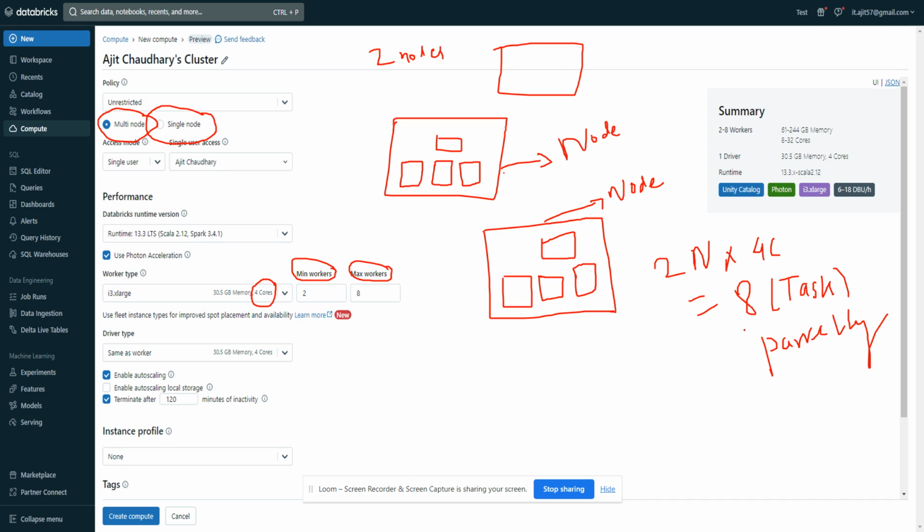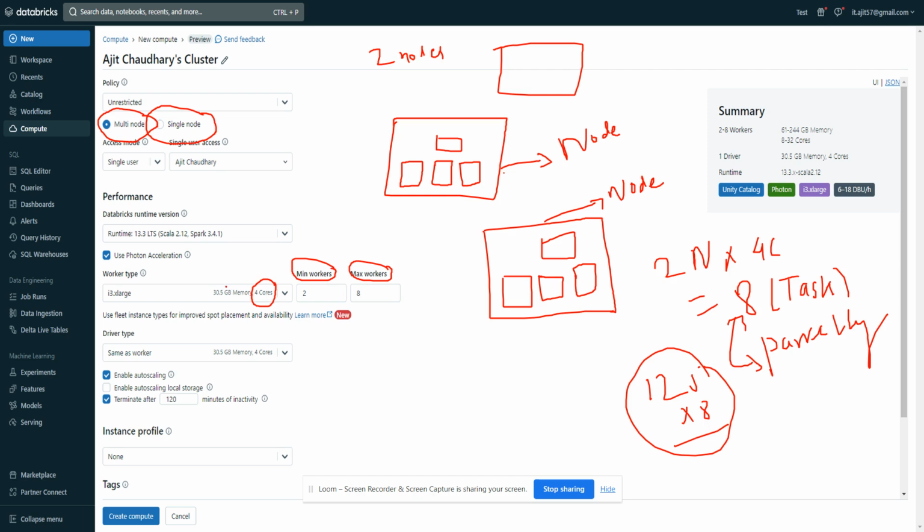If we have 125 MB files, 125 MB times 8 is what we can process at once in parallel. So that's the core concept.